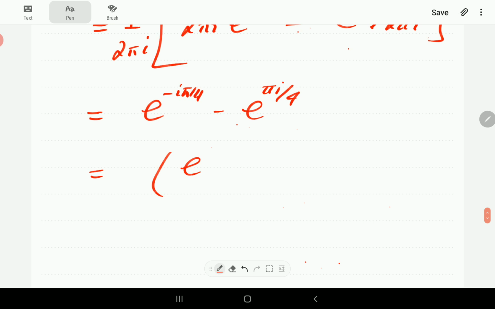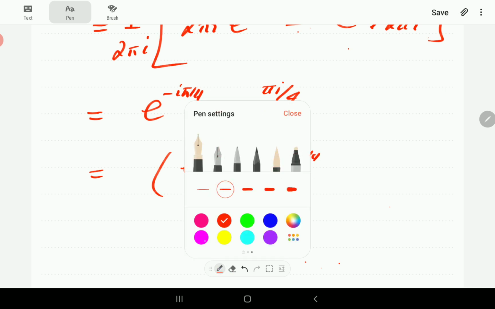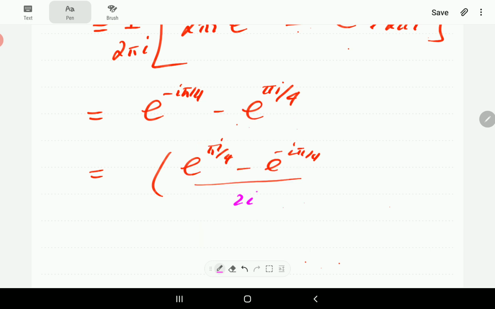So if we reverse them, i pi over 4 minus negative i pi over 4, we need a 2i there, so we plug in 2i there. That means it's going to be 2i outside.